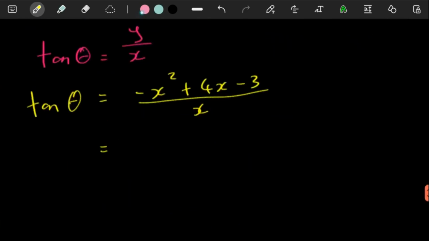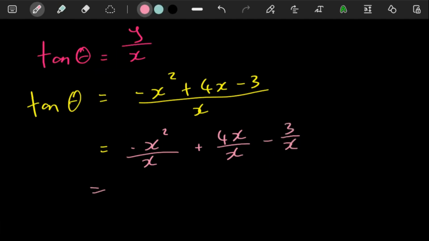Since we're solving for theta, we can carry on and simplify. You're gonna have this over x, 4x over x, then minus 3 over x. This canceling that gives you negative x, this canceling that gives you 4, then negative 3 times x to the power of negative 1, and this is tan theta.